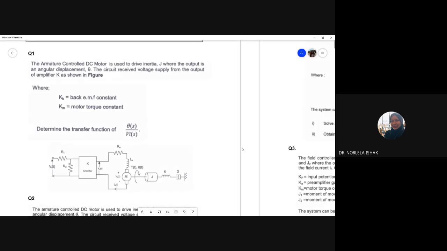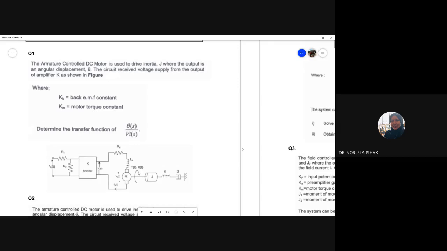Okay, this is the similar how the question looks like. The microcontroller is used to drive inertia where the output is angular, and then the circuit receive voltage supply from the output amplifier as shown in figure. Normally the constant gain is given.